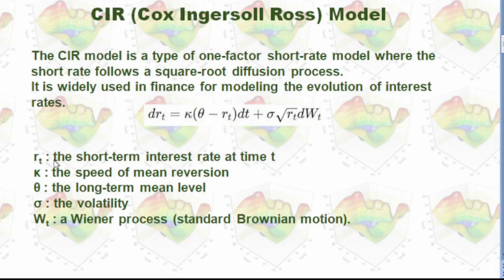You can see the r_t is the short-term interest rate at time t, and kappa is the speed of mean reversion, and theta is the long-term mean level, and sigma is the volatility, and this W_t is the Wiener process, and usually we use standard Brownian motion.